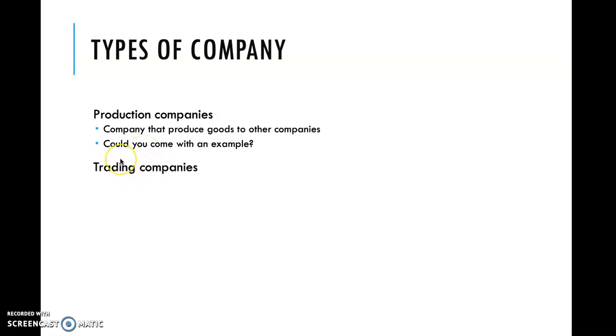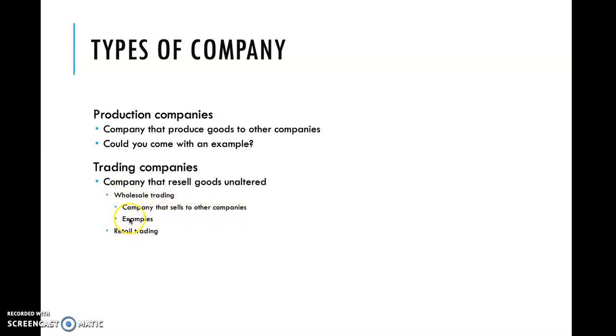Types of companies now. We have a production company. A company that produces goods for other companies. Trading companies are companies that resell goods unaltered. But then there's wholesale: companies that sell to other companies. Then we have retail: companies that sell to consumers.